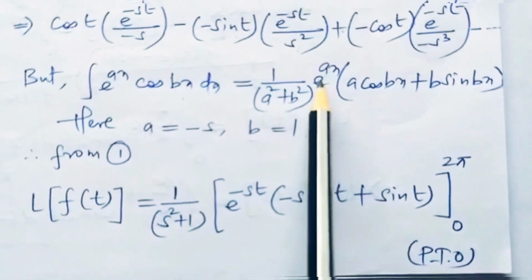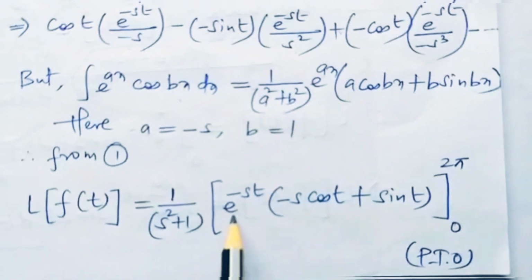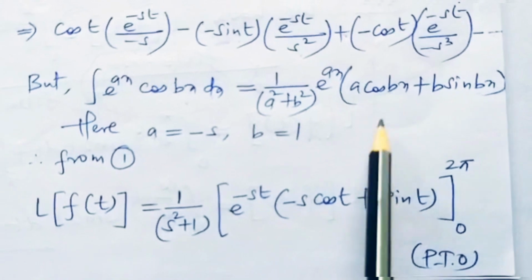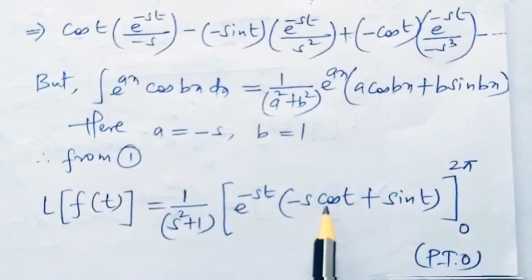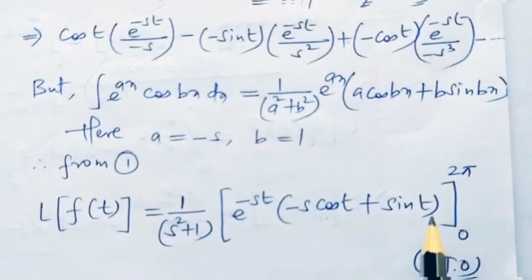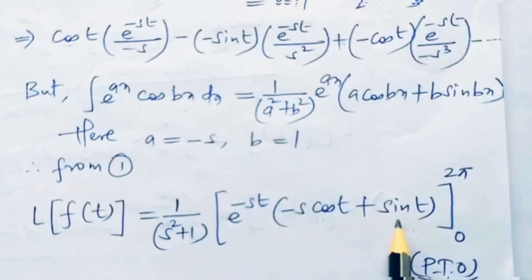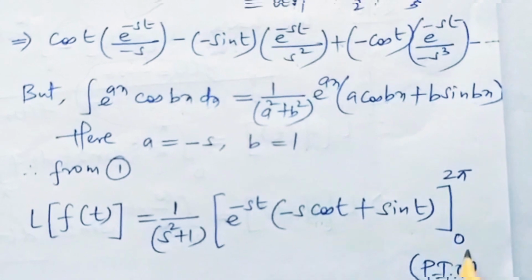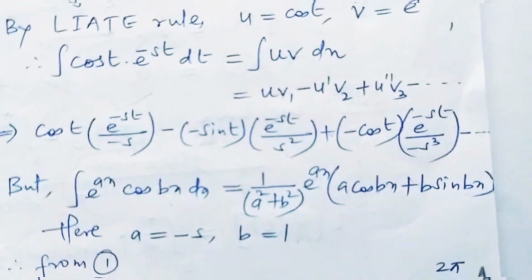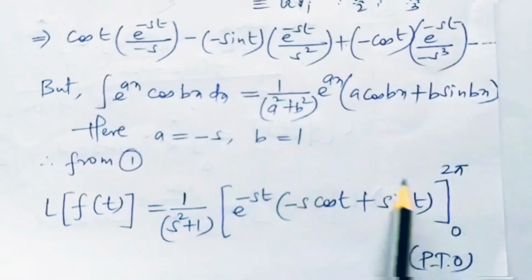Then e to the power of minus st, a can be replaced by minus s, cos of bx becomes cos of t, plus b as 1, sine of bx becomes sine of t. Here we have an interval between 0 to 2 pi, so we can put the limit as 0 as well as 2 pi. The rest is applying the limit, upper limit, then minus lower limit.